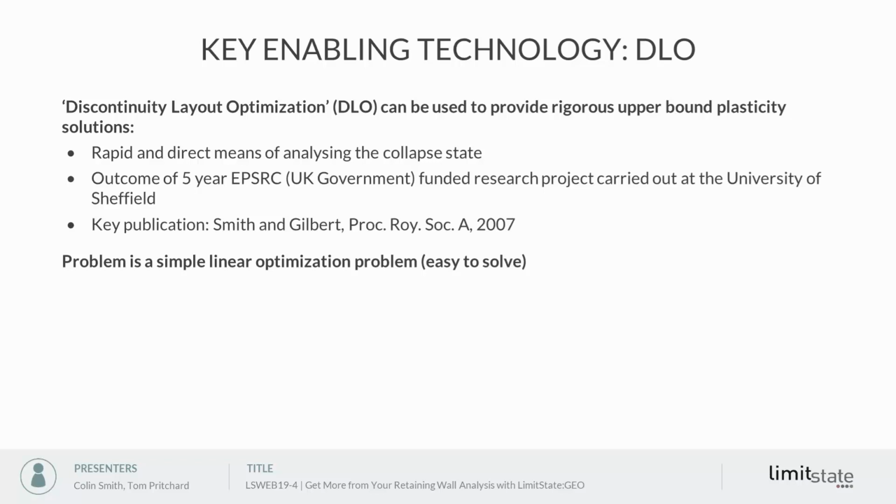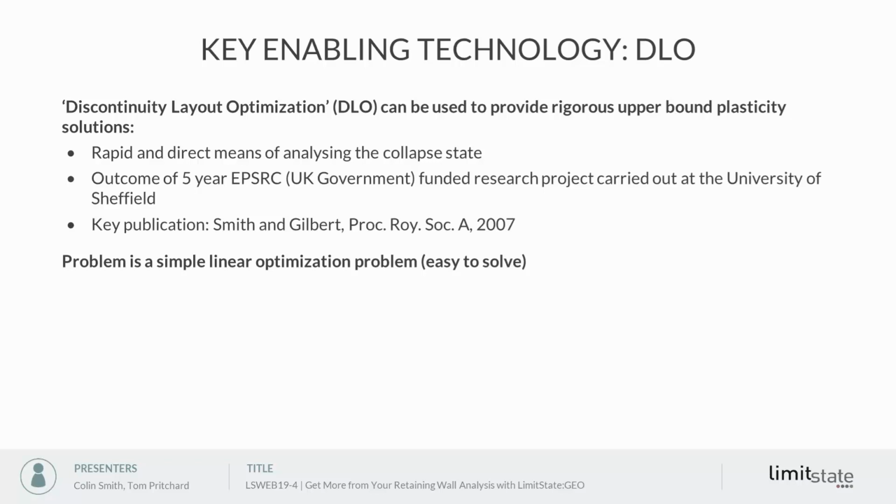It's a rapid and direct way of going straight to the collapse state without having to increment towards that. It came out of a research project at the University of Sheffield, and the original work on this was published in 2007 in the Proceedings of the Royal Society, and there have been a number of subsequent publications since then.